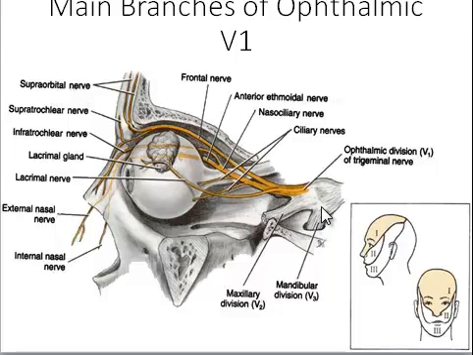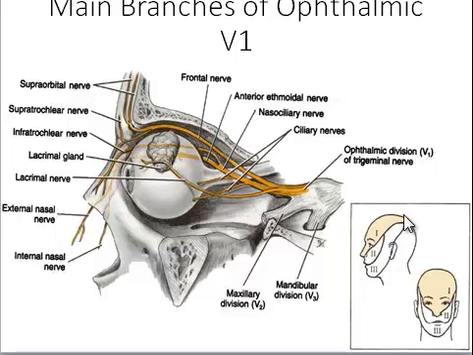And then finally our mandibular division, the foramen ovale. And we can see all the different nerves, the lacrimal, infratrochlear, supratrochlear, supraorbital. But I would like you to know the three main branches, the frontal, the nasociliary, and the lacrimal, are all divisions or smaller units of the ophthalmic branch of the trigeminal nerve.